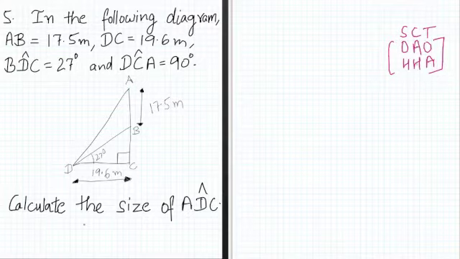This is the thing you need to remember. So when we are given opposite and hypotenuse, then we can use the sine formula, and when we are given adjacent and hypotenuse, we can use cos, and opposite and adjacent we can use tan.